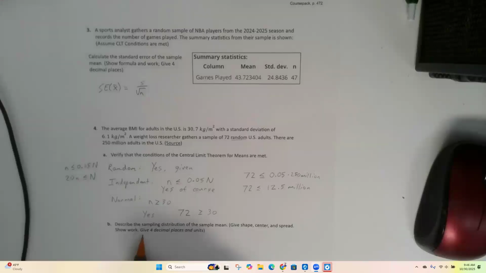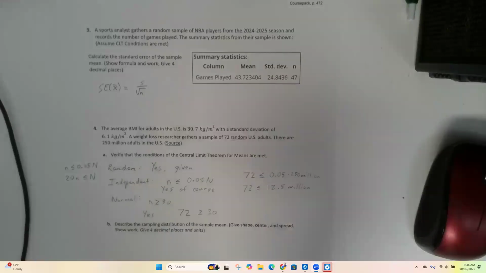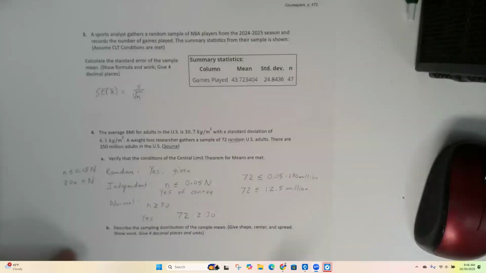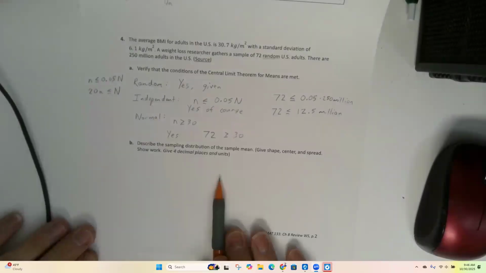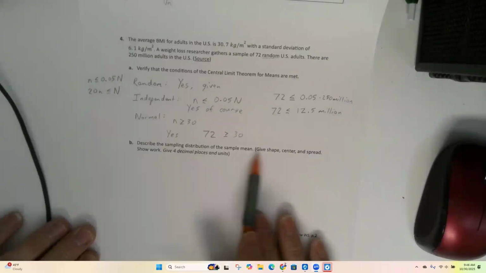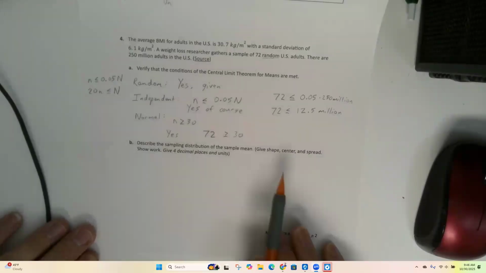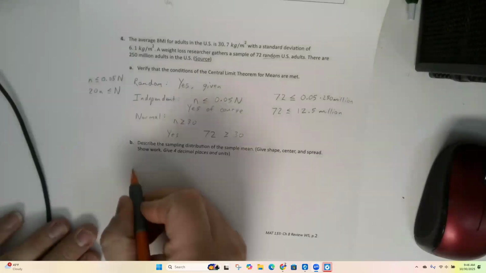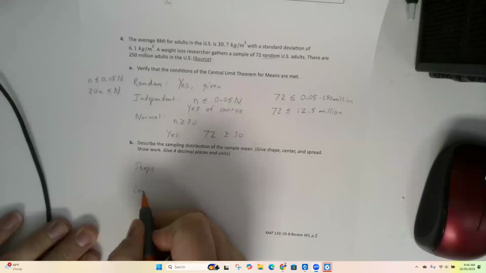That means we did verify that all of the conditions of the central limit theorem are met. Because of that, we can use a normal distribution for the sampling distribution of sample means. So for part B, describe the sampling distribution: give the shape, the center, and the spread.